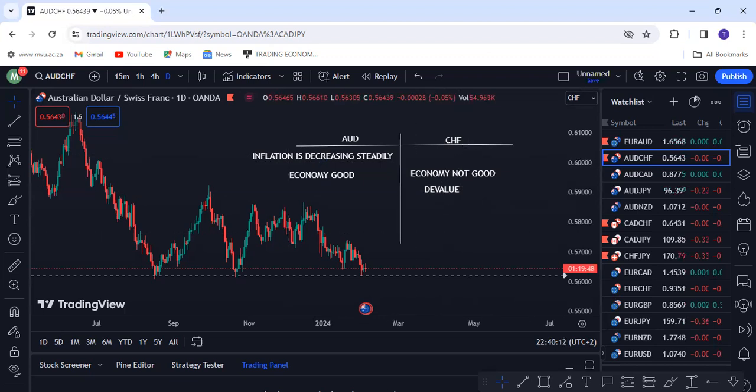Another thing that I missed out on is the inflation rate for the Swiss franc. The inflation rate for Switzerland is 1.7%, which is very close to their 2% target.